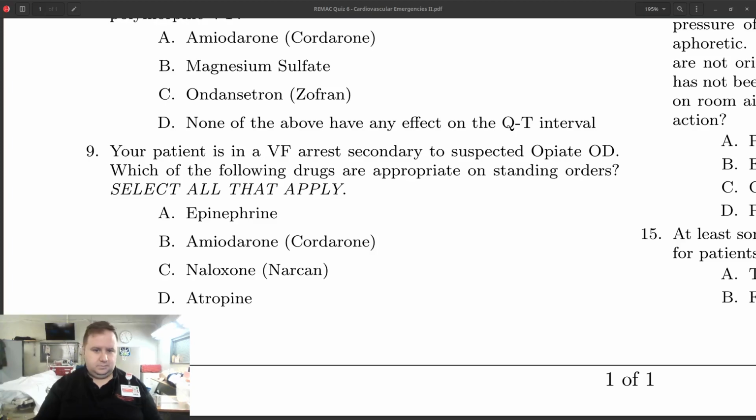Now, you might try to argue that a patient in cardiac arrest has an altered mental status, and we do have an altered mental status protocol that allows us to give Narcan. And it's true that patients in cardiac arrest have an altered mental status. That's incontestably true.